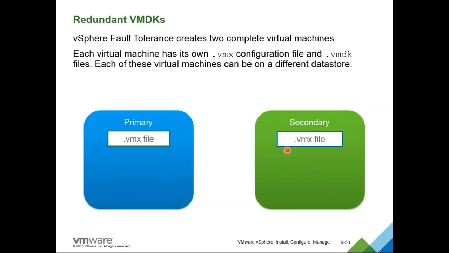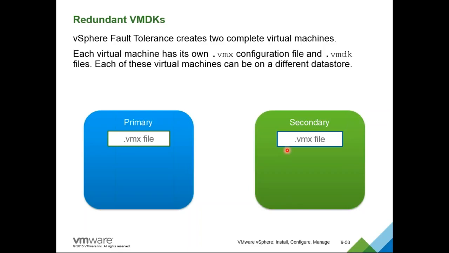In vSphere 5.0, when you wanted to enable fault tolerance, you required shared storage. But in 5.5 and 6.0, you no longer need shared storage to deploy the fault tolerance feature for your primary and secondary virtual machines. Why?